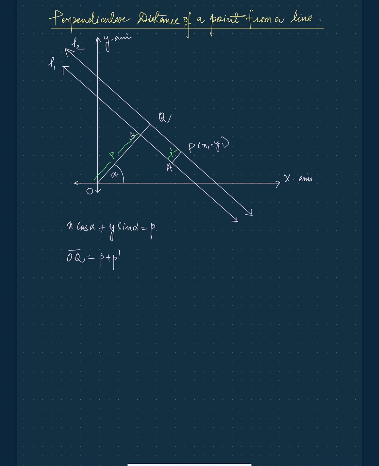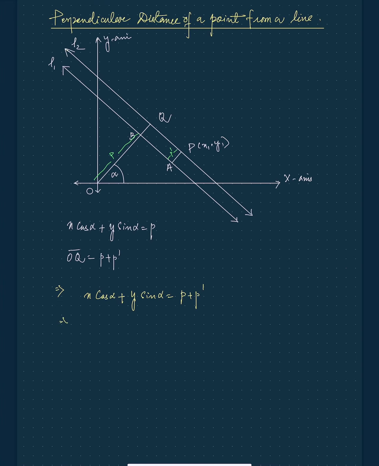Now the equation of this line will be the same angle, because I am just extending OB to OQ. So the angle will be the same, and the equation will be x cos alpha plus y sin alpha is equal to p plus p dash.